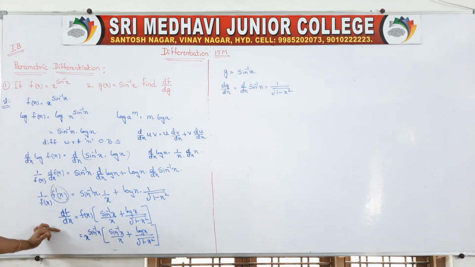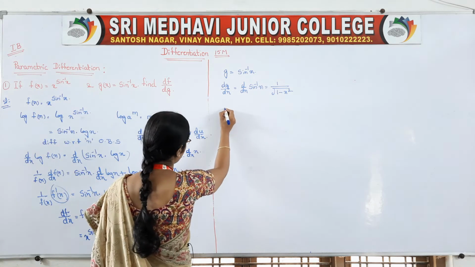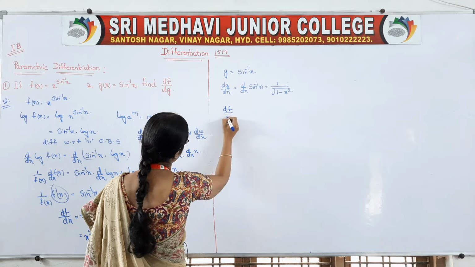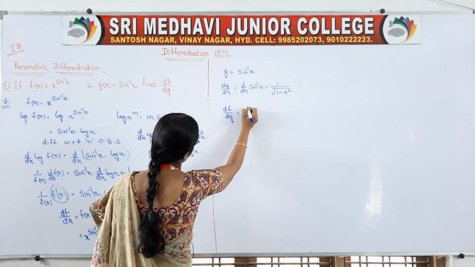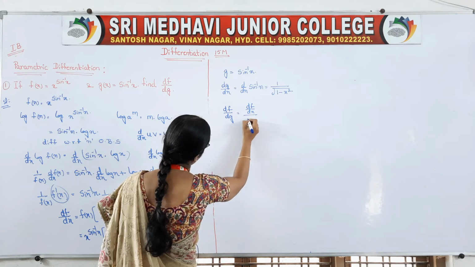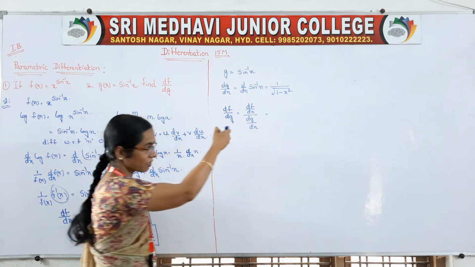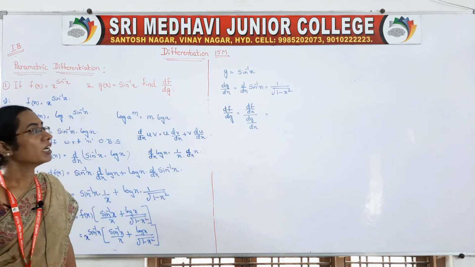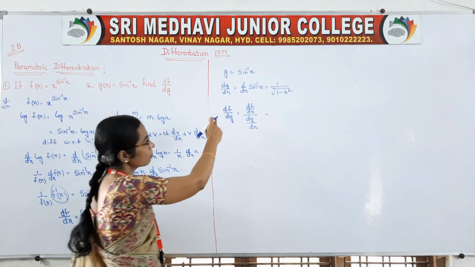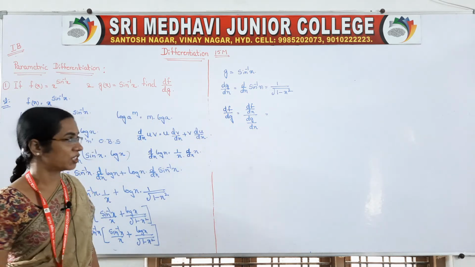So what is the question? Find df by dg. So df by dg is equal to df by dx divided by dg by dx. So that dx will get cancelled, and you will have df by dg. What is the meaning of df by dg? Differentiating f with respect to g.